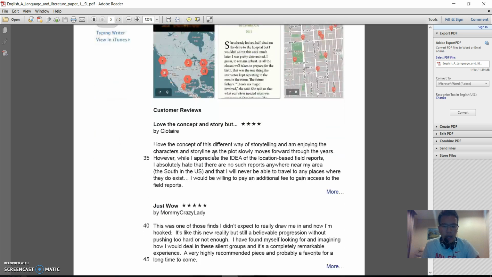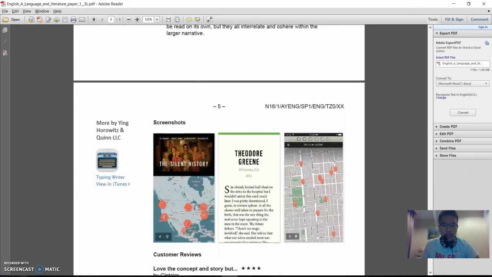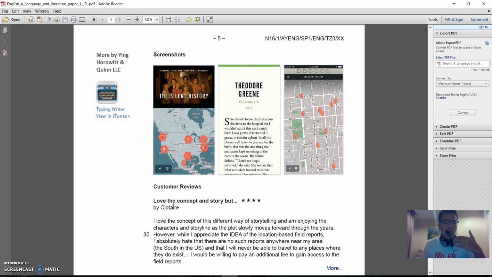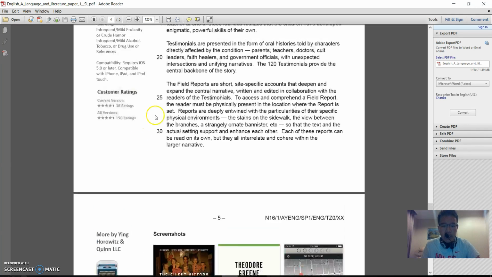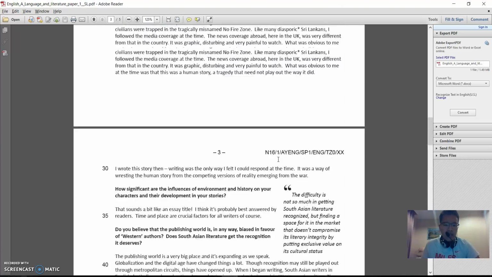So why did they include just wow? What's the justification behind it, right? Yeah, so that's basically it. Stylistic features, the author's reasoning for such action, and formal features essentially is like these screenshots. You expect screenshots to be in there.